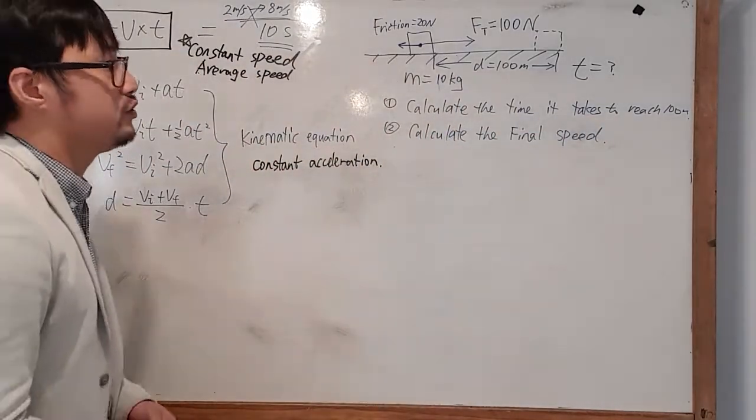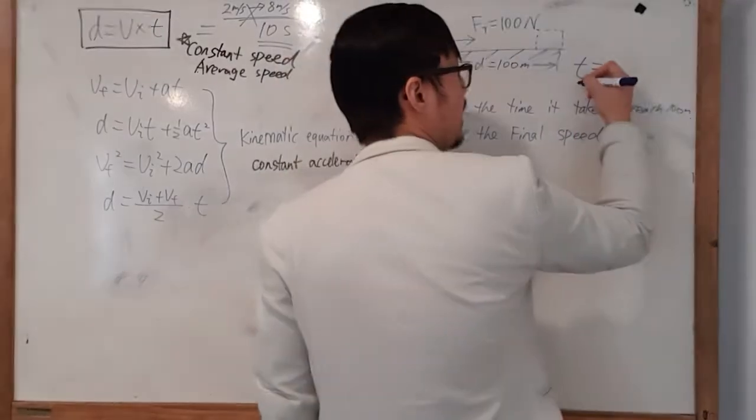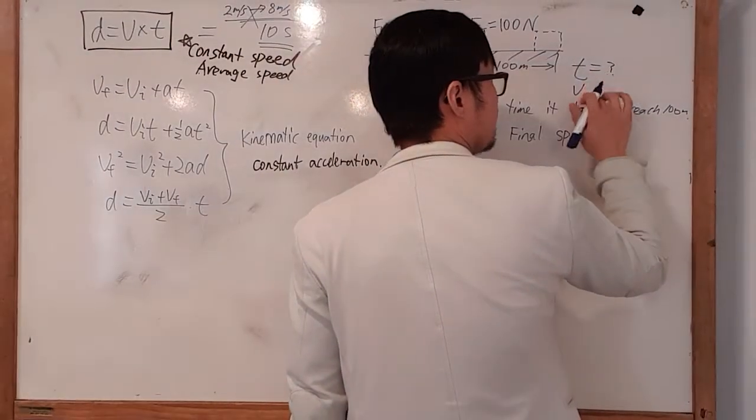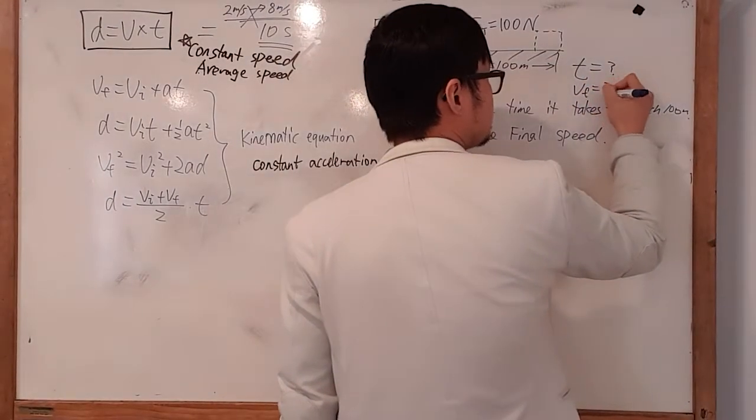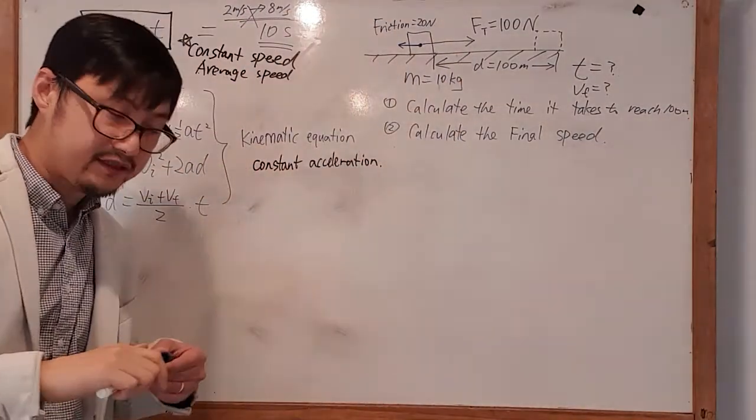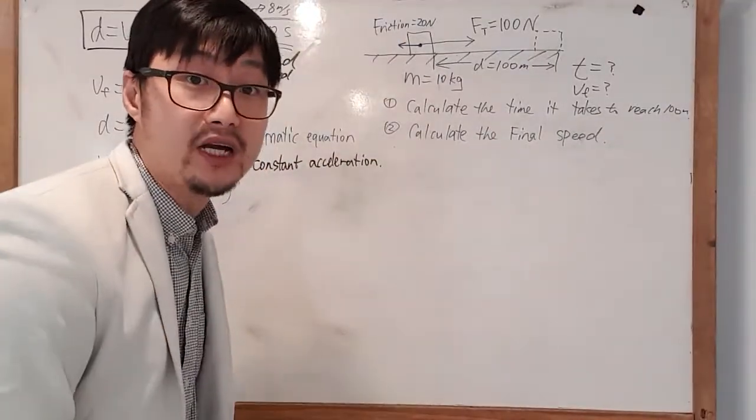So one is asking you time equals what, and the other is asking you final speed equals what. You can write this question down in your book as an example.